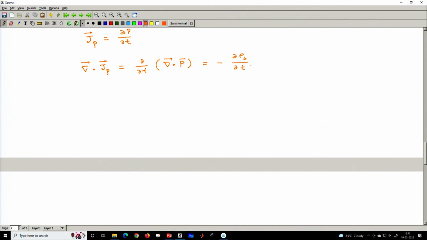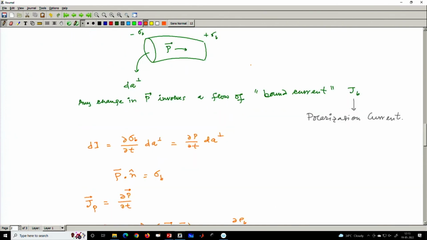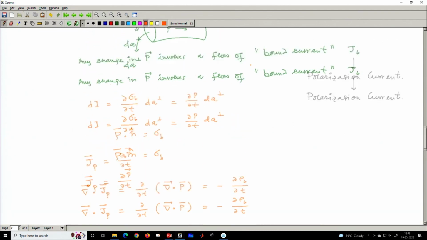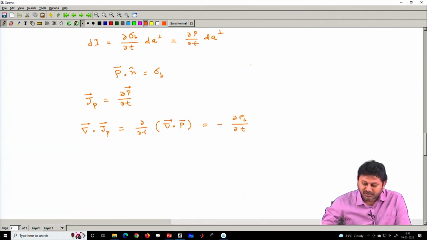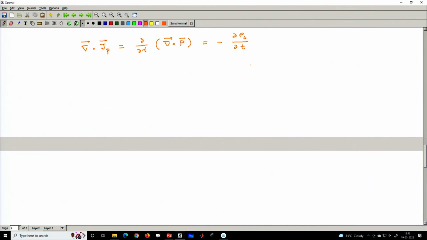So, this rate of change of bound charge density leads to the divergence of Jp, the divergence of the polarization current generated due to the time change of P, and that is due to the flow of bound current.